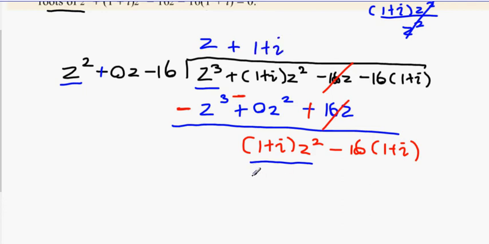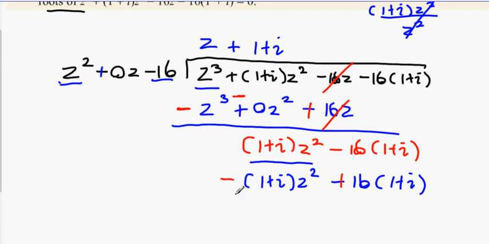Now we multiply that, and we get (1 plus i) z squared. We multiply z squared by (1 plus i), then 0 multiplied by (1 plus i) is simply 0. Then we get minus 16 multiplied by (1 plus i). We change the signs, that's a minus, that's a plus, and it equals 0. So the fact that it goes in equally means that it is indeed a factor.